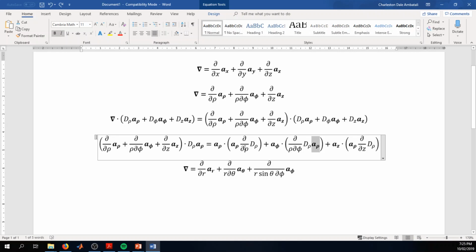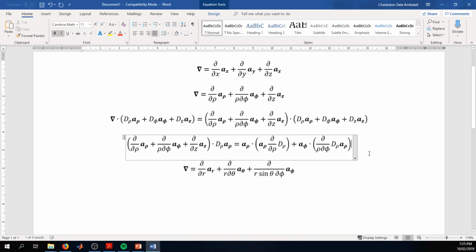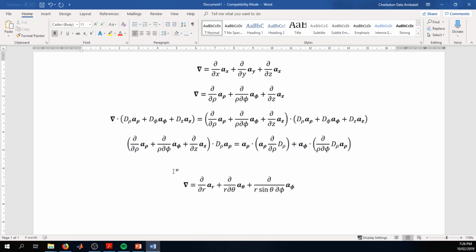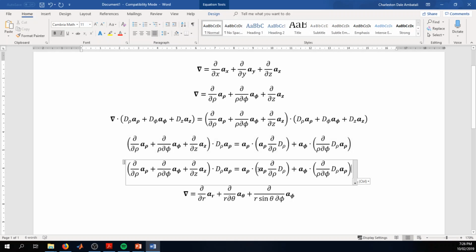So this dotted to this dotted to this will be 0. We're left with these terms, so let's write that down. Something like this. Arrow hat dotted to arrow hat, you'll just be left with this.